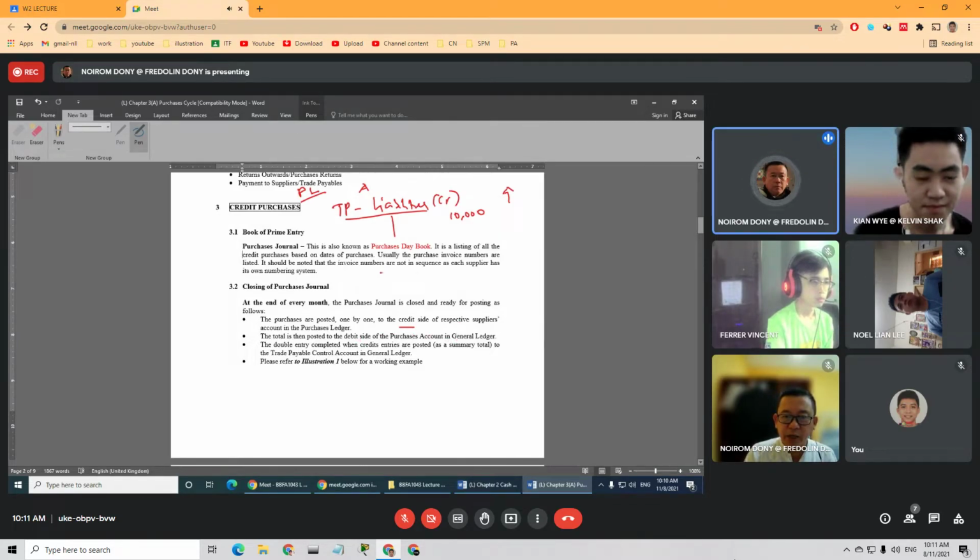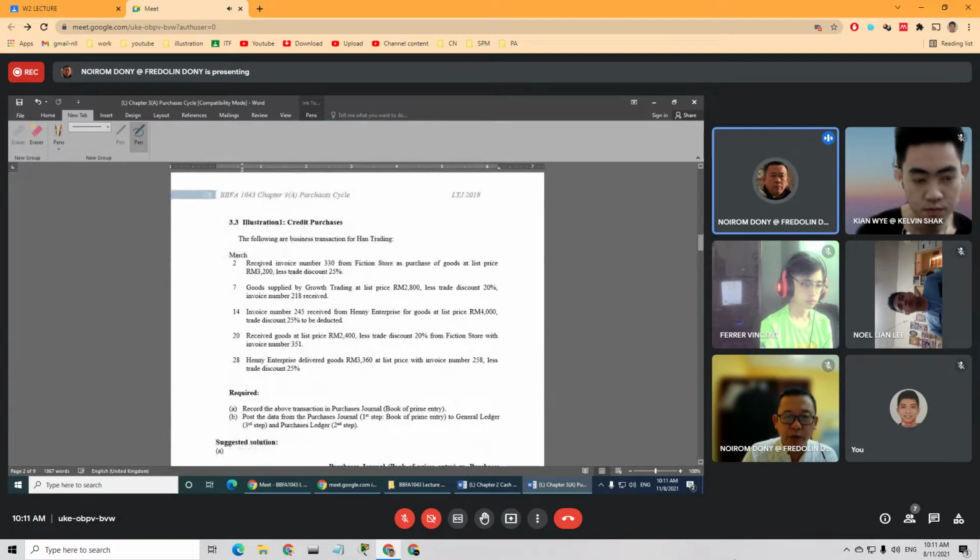So in the general ledger, we're going to have a purchases account, and then we have trade payables control account. So this is where we do the double entry, okay? The double entry is completed when the credit entry is posted as a summary total to the trade payable control account in the general ledger.